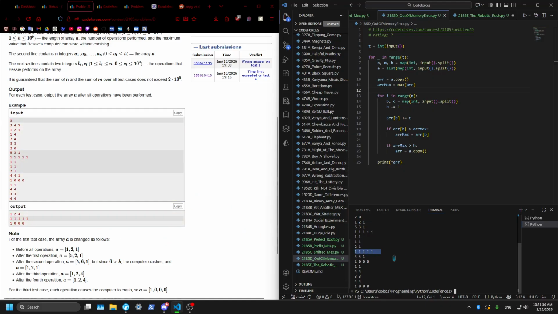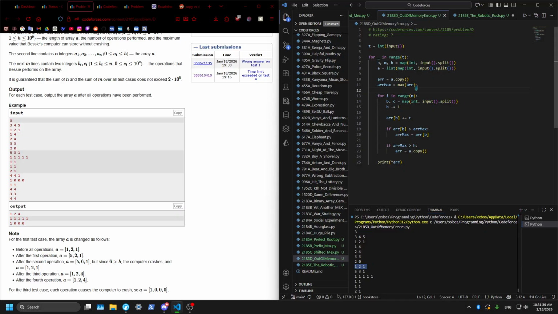This one's right. Wait, what? Okay. Why is the first one cooked now? Max cur R is 2. It's because we never reset B, right?